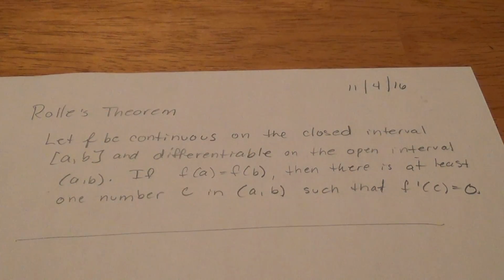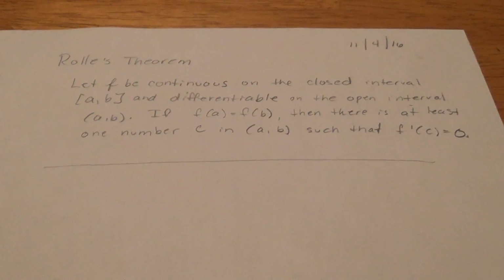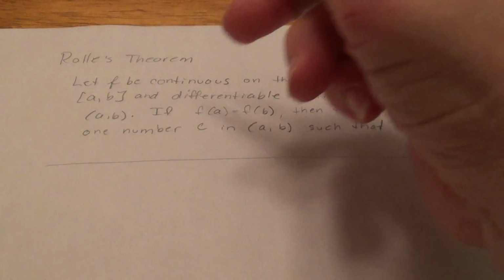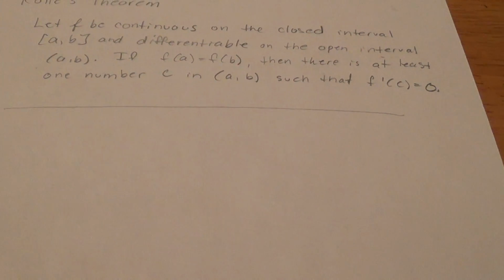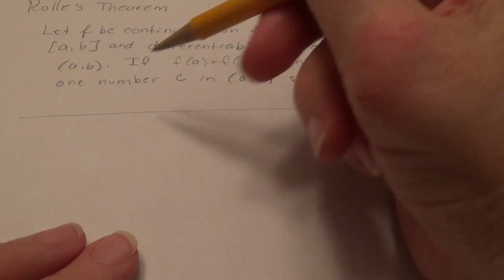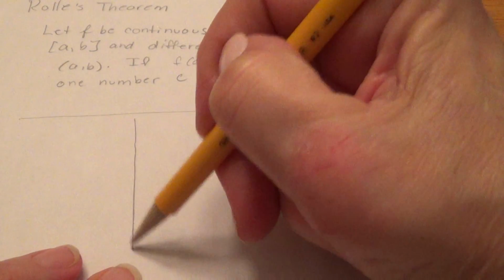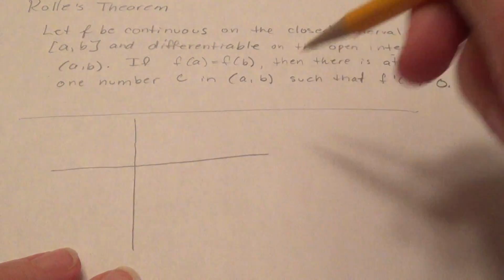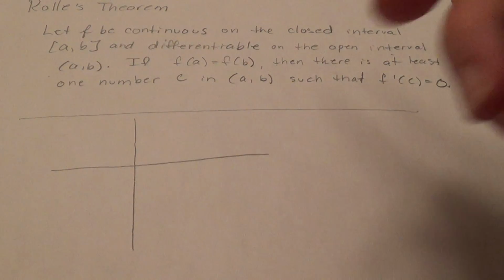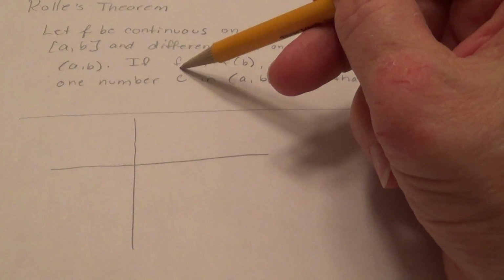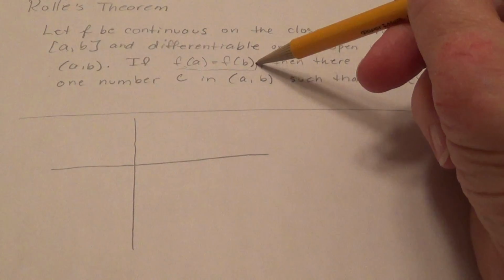So let's take a minute and think of what this means with a picture. Then we'll do a problem or two or three to indicate how it works algebraically as well. So we will look at a picture where the function is continuous and differentiable, and one of the stipulations here is f of a equals f of b.